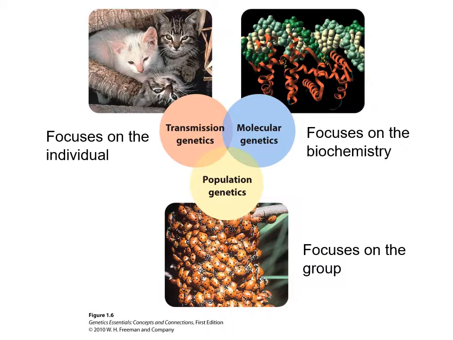And so we're going to start the course with fundamentally transmission genetics, starting in chapter 3. And then we start with molecular genetics around chapter 8. And then we only do one chapter with population genetics in one lab. So it'll mostly be a pretty even split between the fundamentals of transmission genetics and molecular genetics.